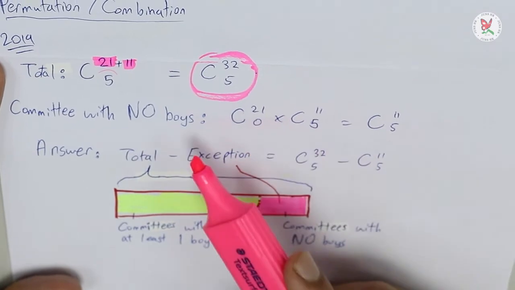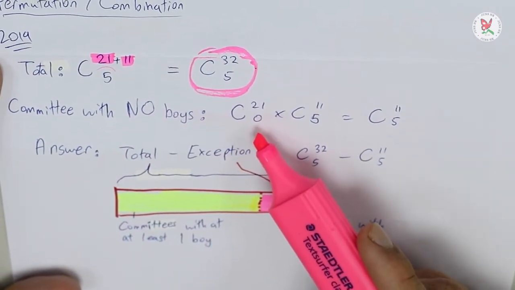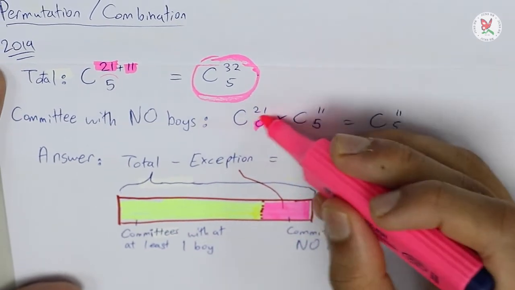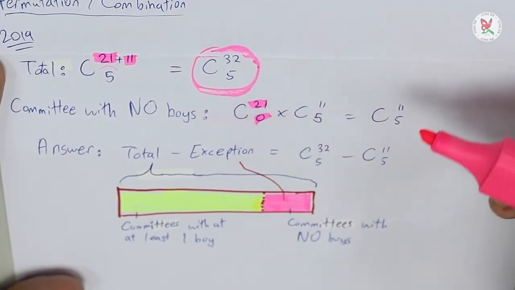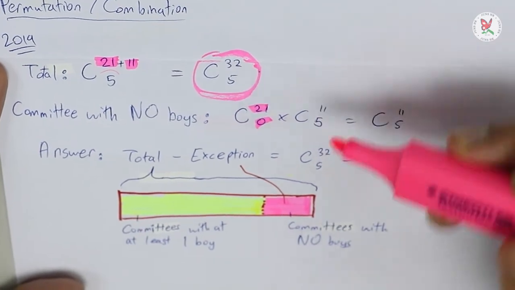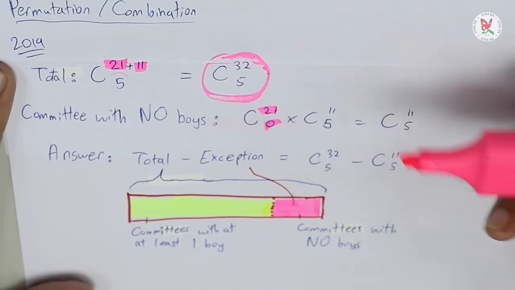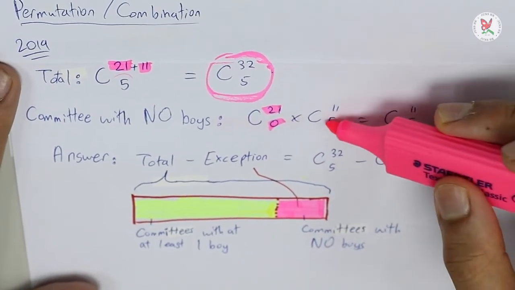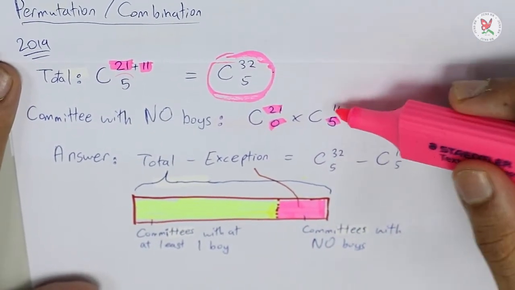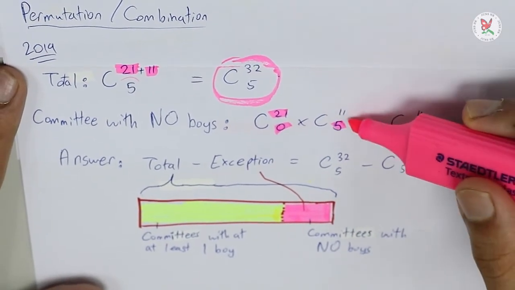For the boys, since we already said we're having no boys here, the number on the bottom is 0, and on the top is 21. And for girls, it's 5, because if we have 5 students in the committee and there are 0 boys, there are definitely 5 girls. There are also 11 girls in the class, so on the top we have 11.